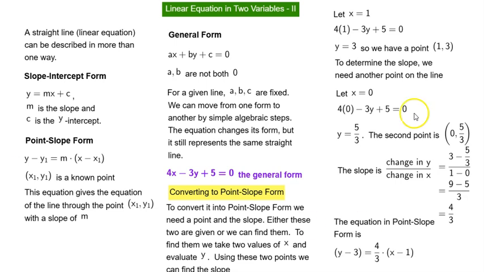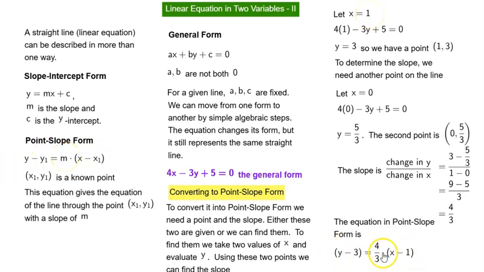Now for x1, y1, we can take any one of these 2 points. So let's say y1 is 3, is equal to 4 by 3 times x minus 1, using this formula.